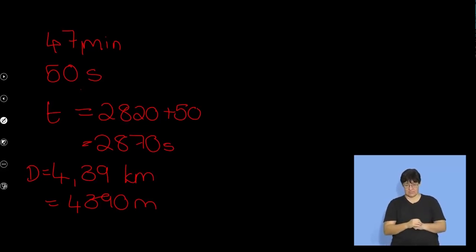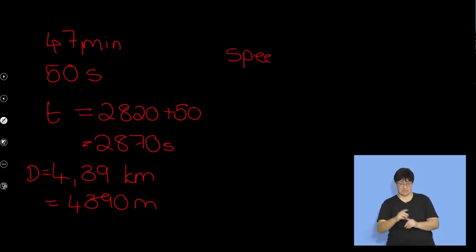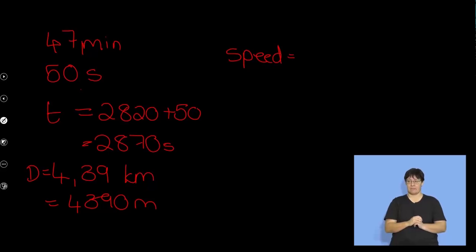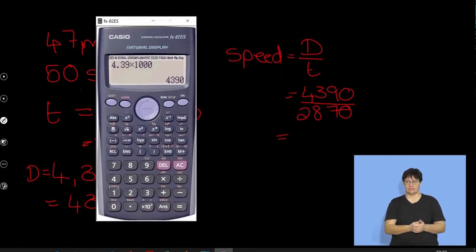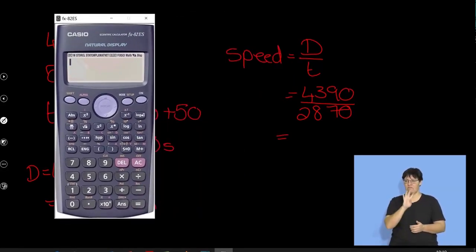I want her speed. So her speed is her distance divided by the time it took. So 4,390 divided by 2,870. Definitely need a calculator for this. So we've got 4,390 divided by 2,870.